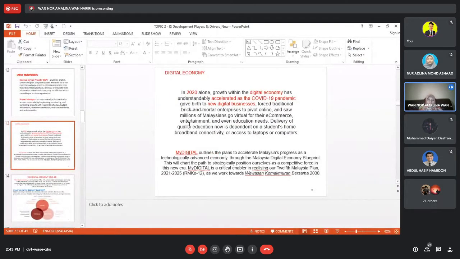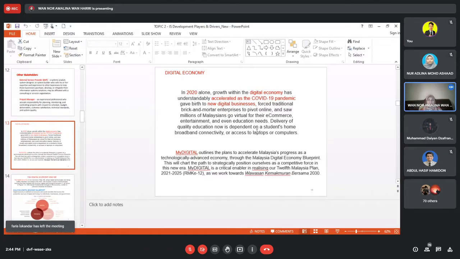Besides that, we mentioned digital economy. The digital economy has understandably accelerated as the COVID-19 pandemic gave birth to new digital businesses. Nowadays, not to say there was none before COVID, there was, but the COVID-19 pandemic is another factor that forced traditional brick and mortar enterprises to pivot online and saw millions of Malaysians go virtual for e-commerce.